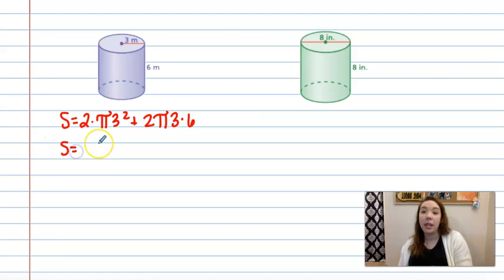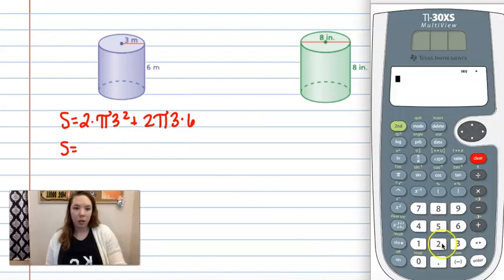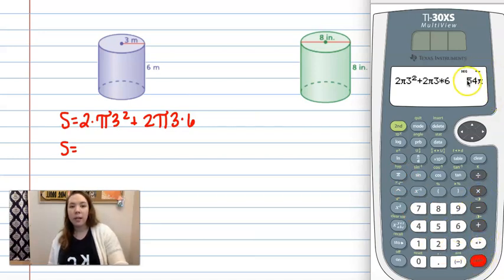All right, and in this case, we do have exact form and approximate form again as well. So let me show you that in your TI-30. So I'm just going to type it in just like I wrote it. 2 pi times 3 squared plus, and all of these mean multiplication. You could separate these with multiplication signs if you want. 2 pi 3 times 6. So this is my exact form.